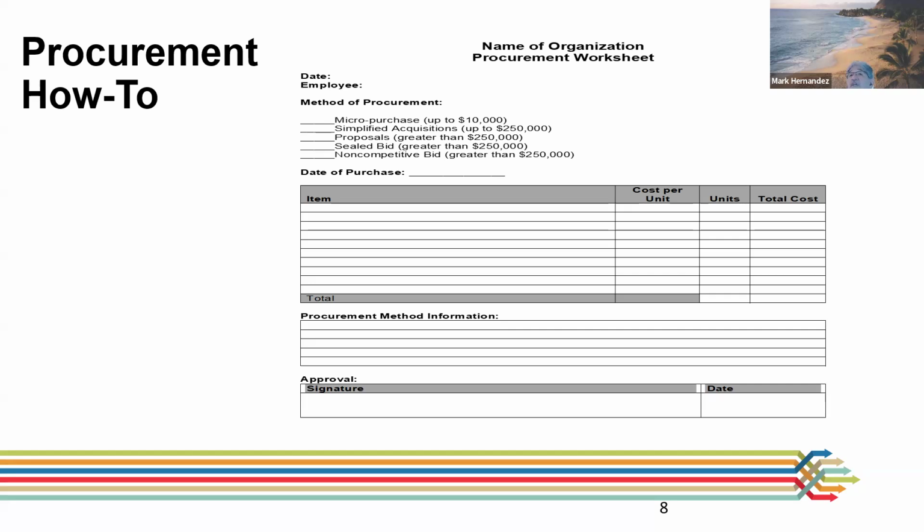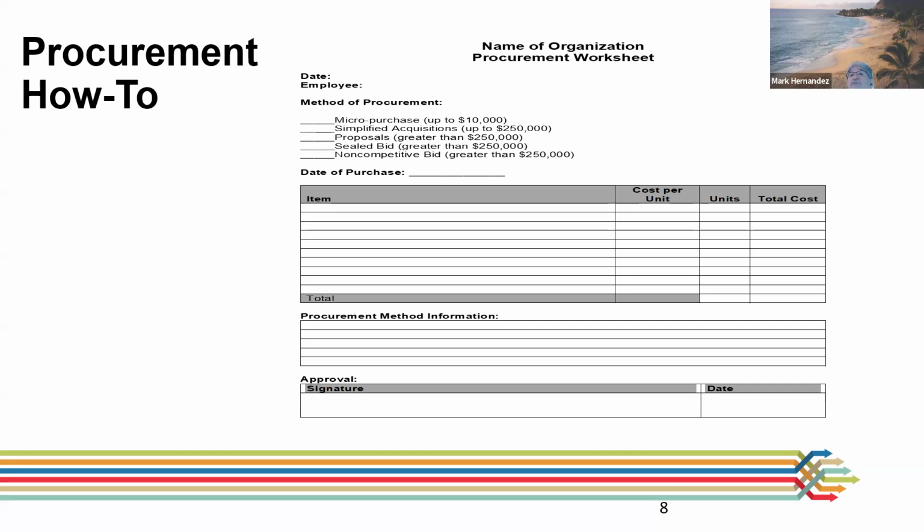Then you document the items. Let's say you're buying laptops. Your procurement methodology in this situation, because of micro purchase, is that all you'd have to do is look at industry ads for laptops and describe the laptop. That's all you really need in that type of procurement, where for the simplified, you might do a little bit more.